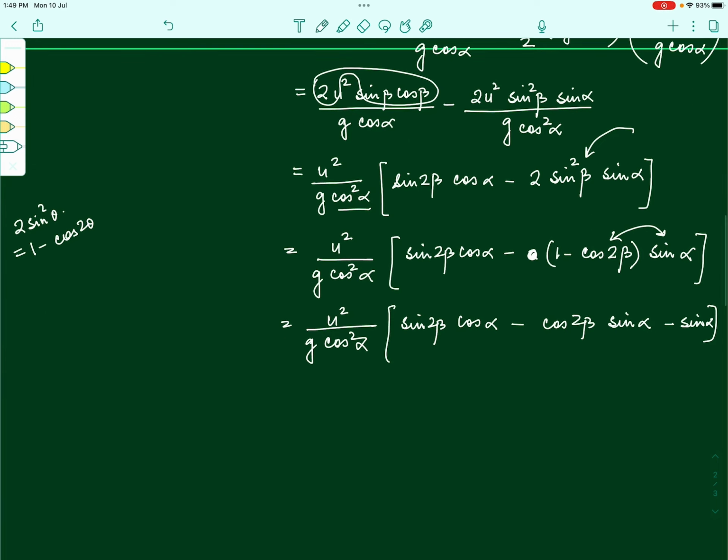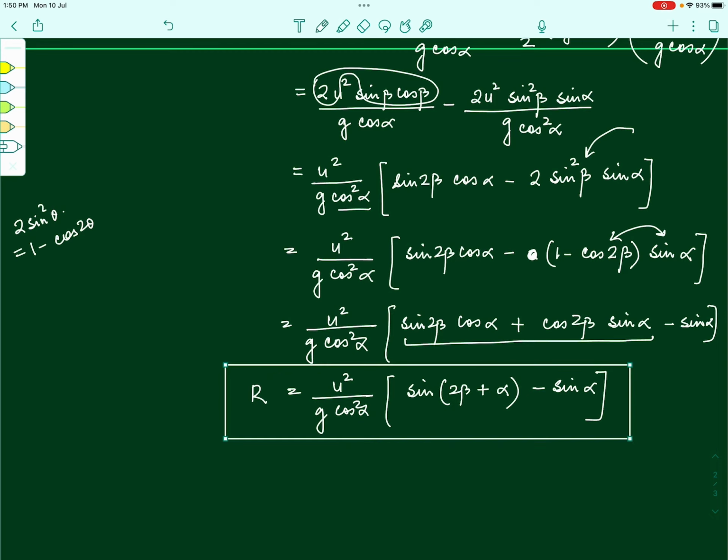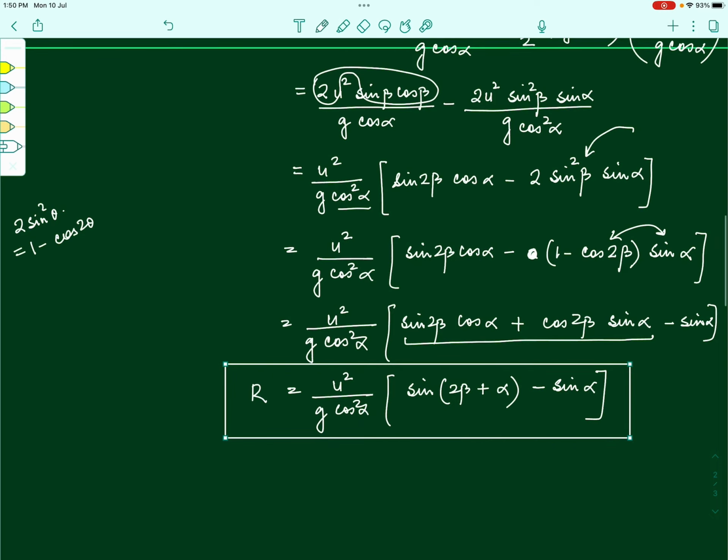Now if you just look at it carefully, this particular expression is nothing but the formula for sin of A plus B. So we can write it as sin of 2 beta plus alpha minus sin alpha, right? So this is the simplified expression for the range of a projectile along an incline. From this formula, we can try to find out the maximum possible range.